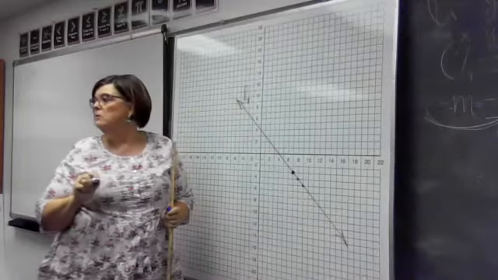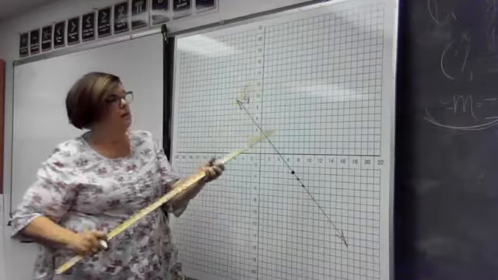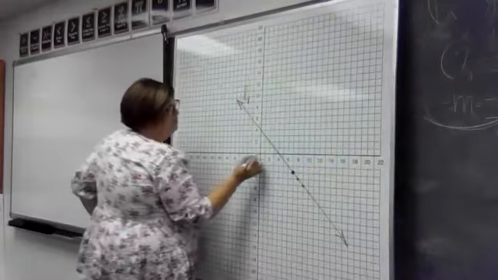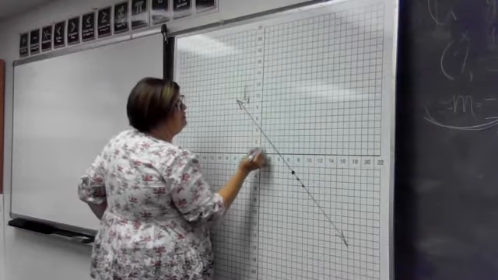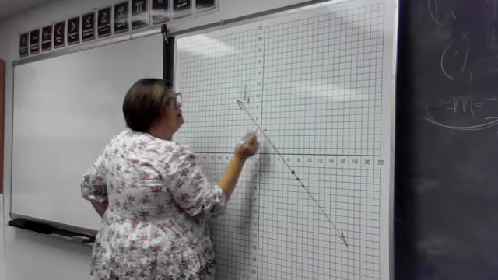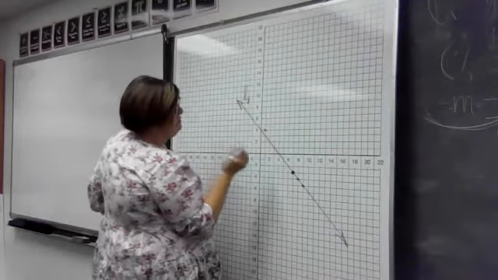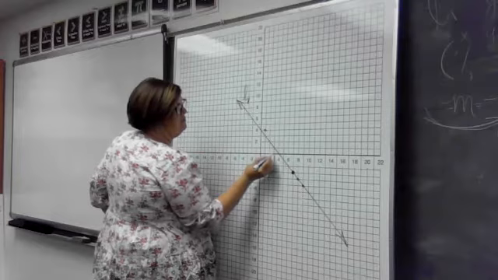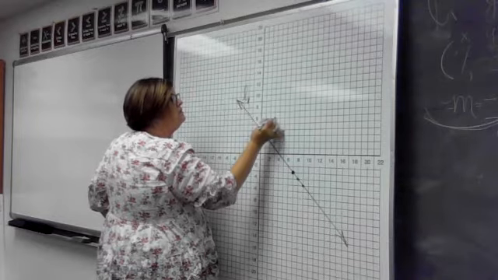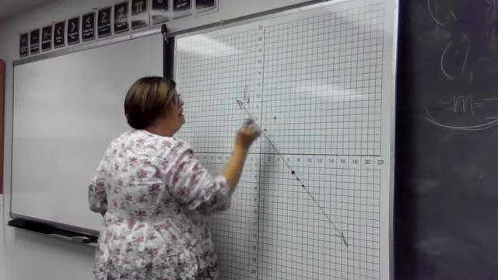And they said the point is 1, 4. So I'm going to 1 and 4. 4 is right here. And then I'm going to go to 3, 6. 1, 2, 3, 1, 2, 3, 4, 5, 6. And I will draw that line.